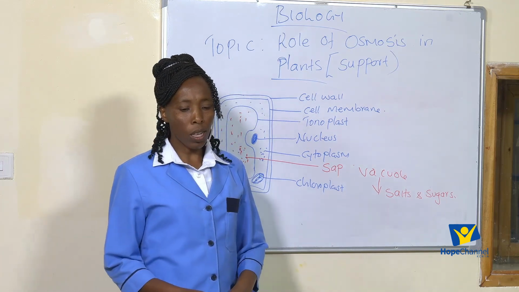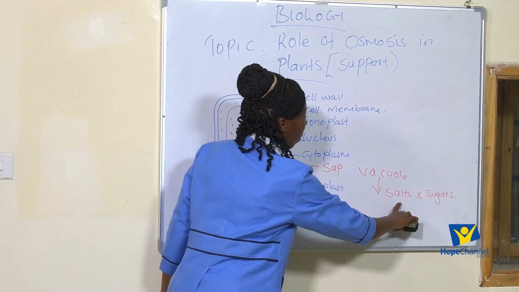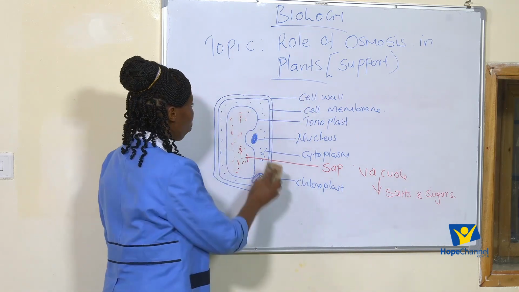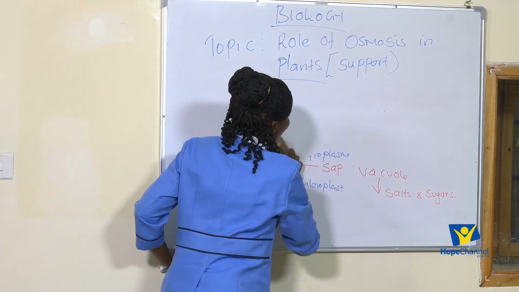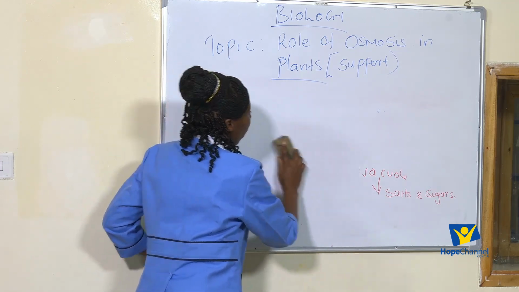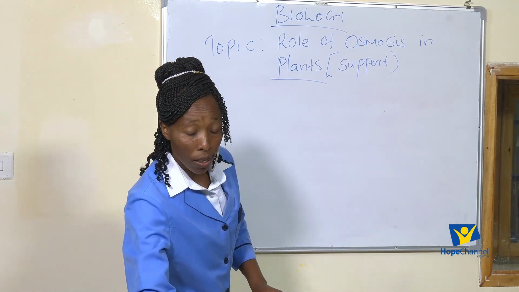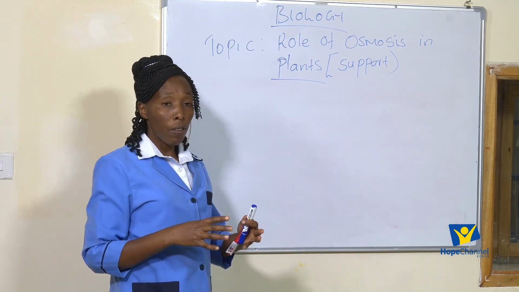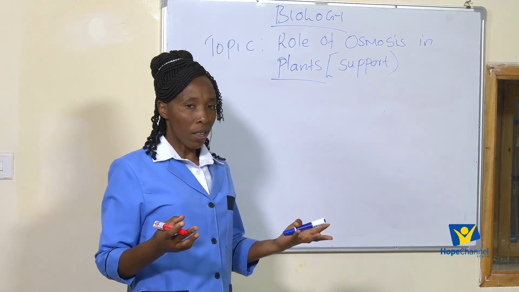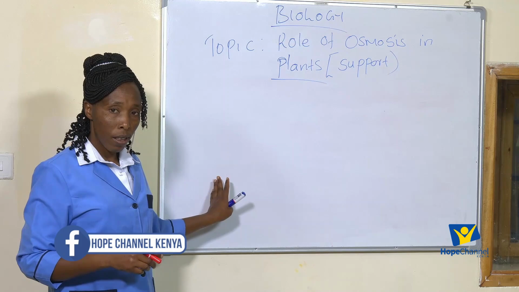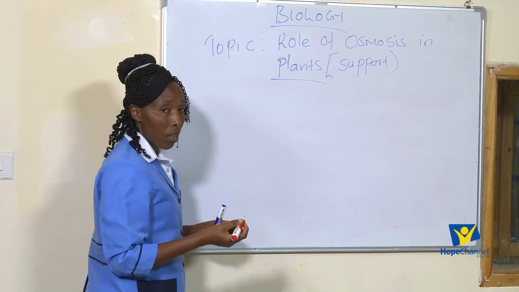Now, when you talk about the sap vacuole, you realize that inside the sap vacuole, this is where a plant stores some salts and sugars. So we want to explain exactly what happens that you find some plants, the cells are turgid, the leaves are upright, but in some plants you find that the leaves are very flaccid and the cells become flaccid.